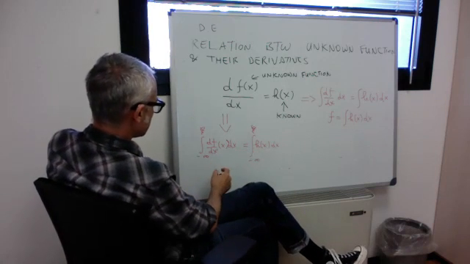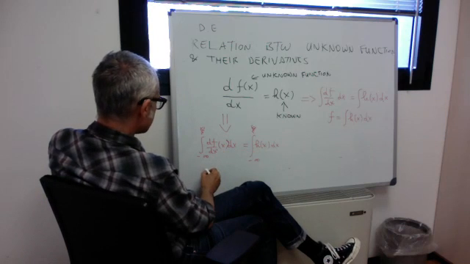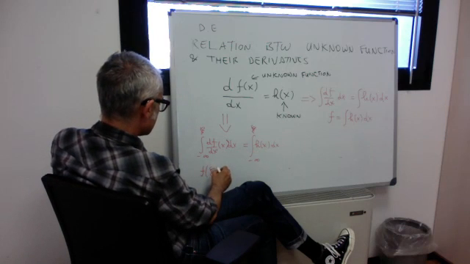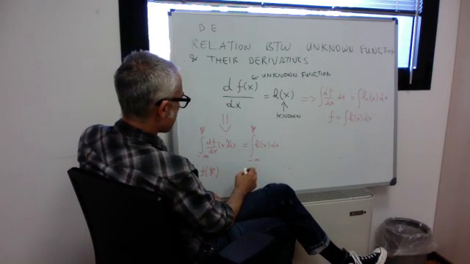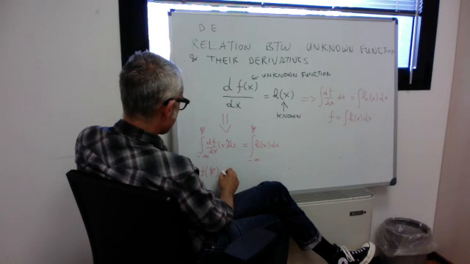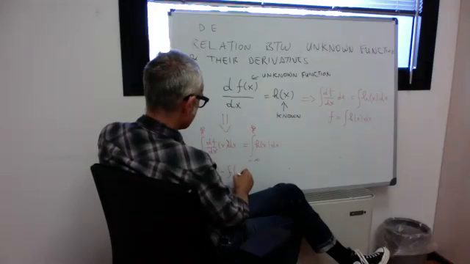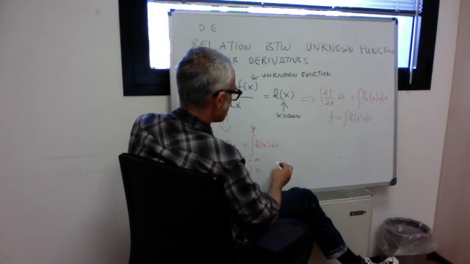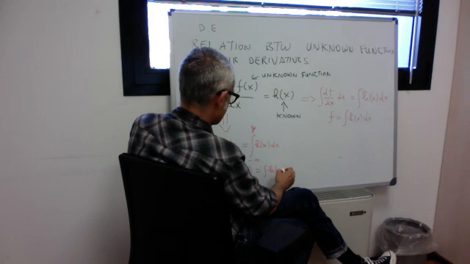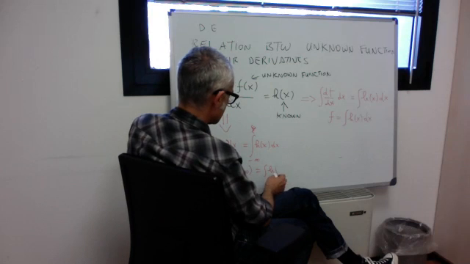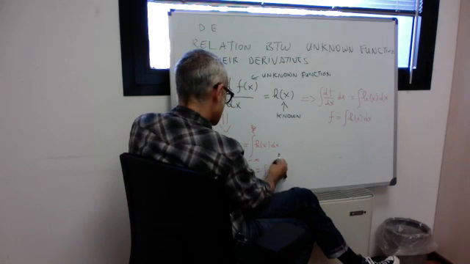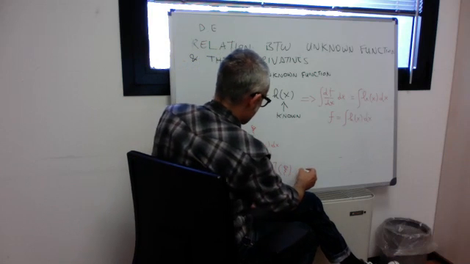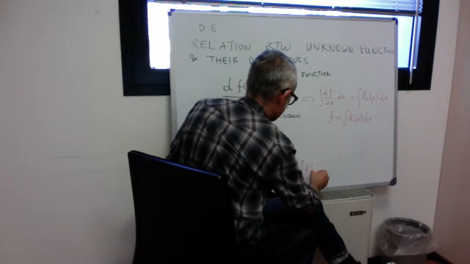Okay, so now what this gives me is f of xi minus f of minus infinity equals, essentially, the primitive function of h, which I'm going to denote like this, calculated at xi minus the same thing calculated at minus infinity.